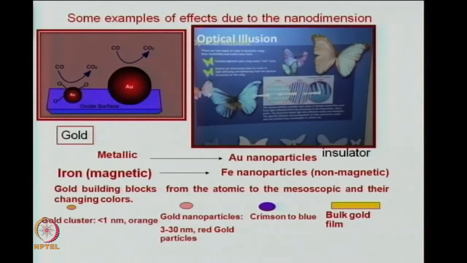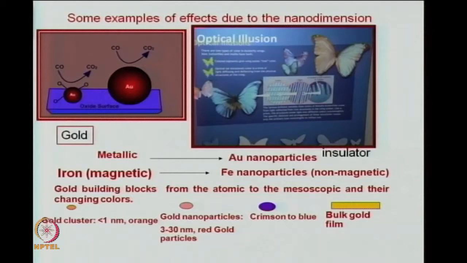You can also see the effect of optical properties on the dimensions by choosing a very well known element like gold, which all of you know is yellow in color. However, if you change the size of the particles of gold, you can have gold of different colors depending on the size of the gold particles.